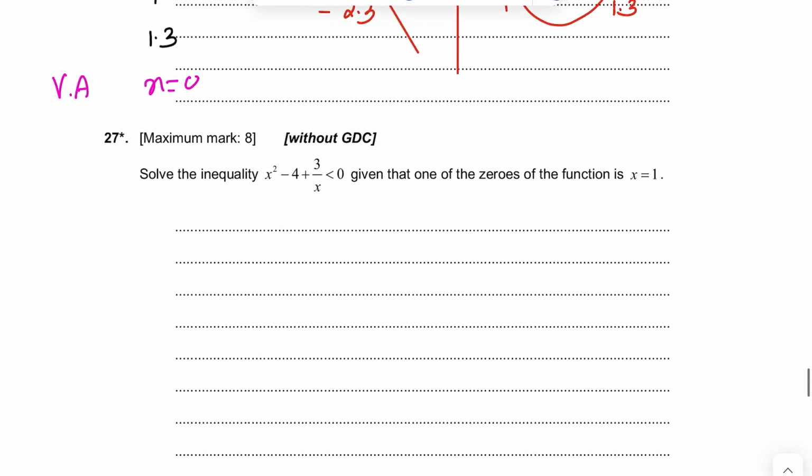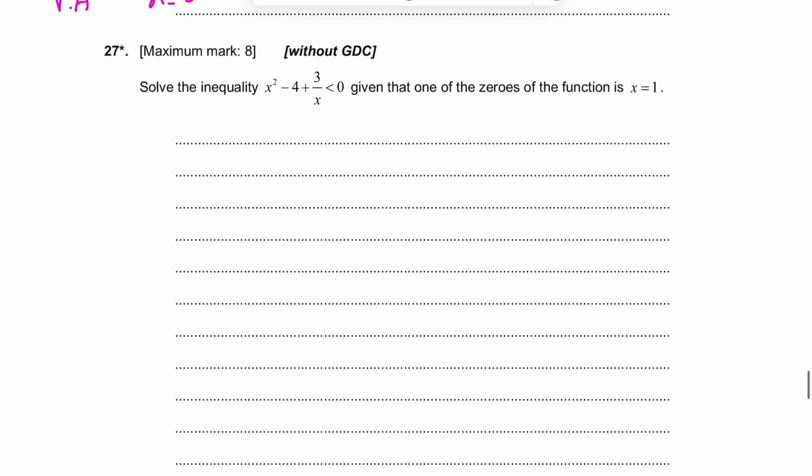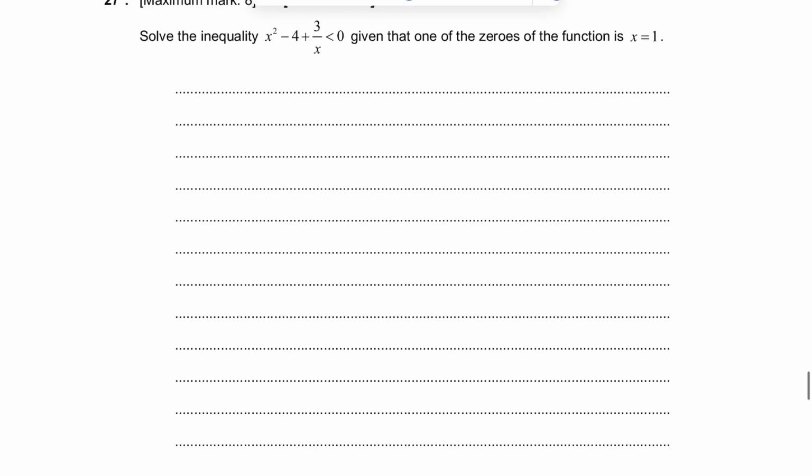Question number 27. Solve the inequality given that one of the zeros of the function is x equals 1. So (x³ − 4x + 3) upon x is less than 0.